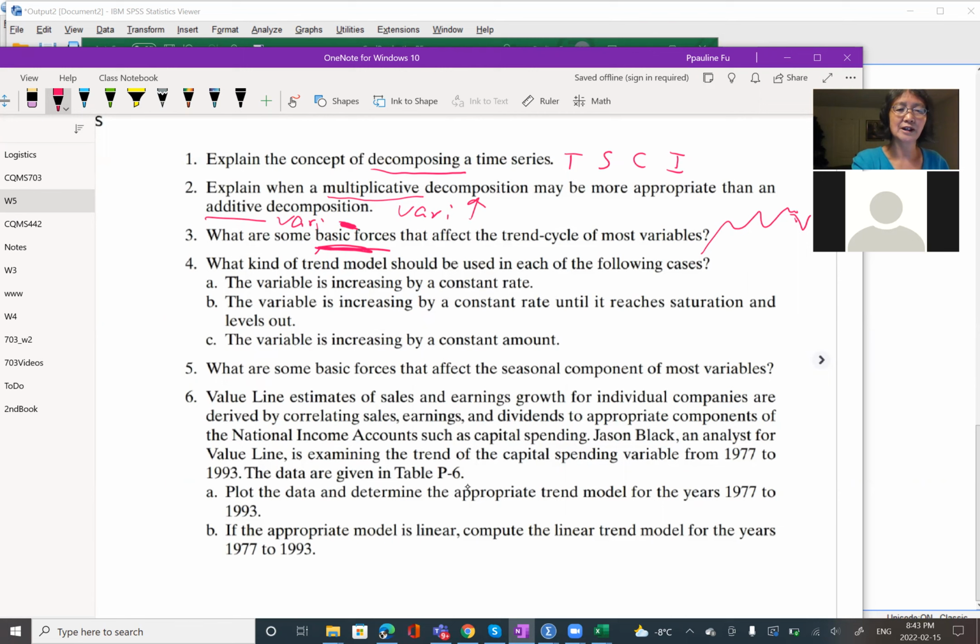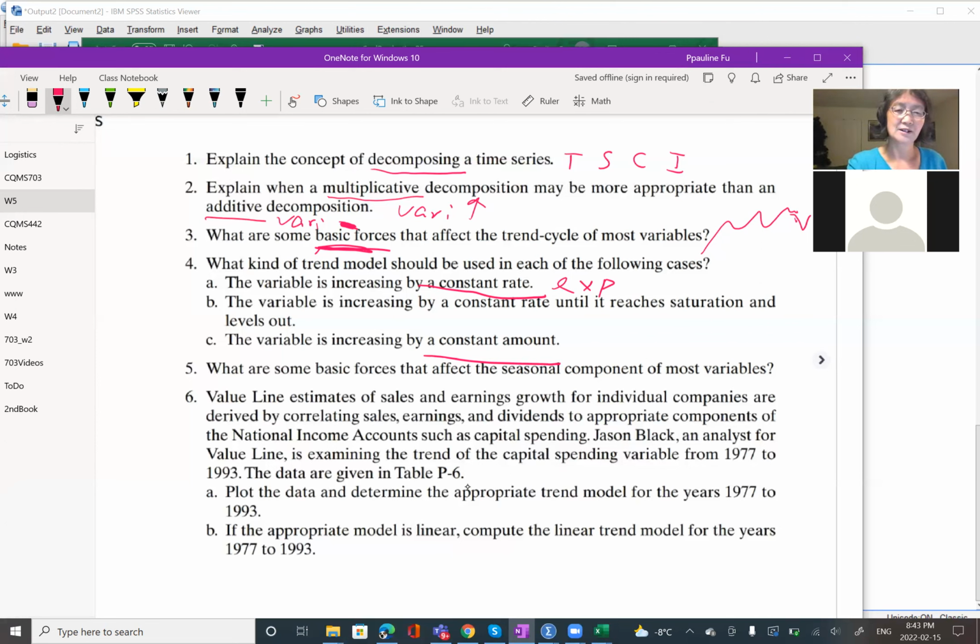Question 4, what kind of trend model should be used in each of the following cases? Case 1, variable is increasing by a constant rate, not a constant amount, it is a constant rate. If the variable is increased by a constant rate, you should use exponential.